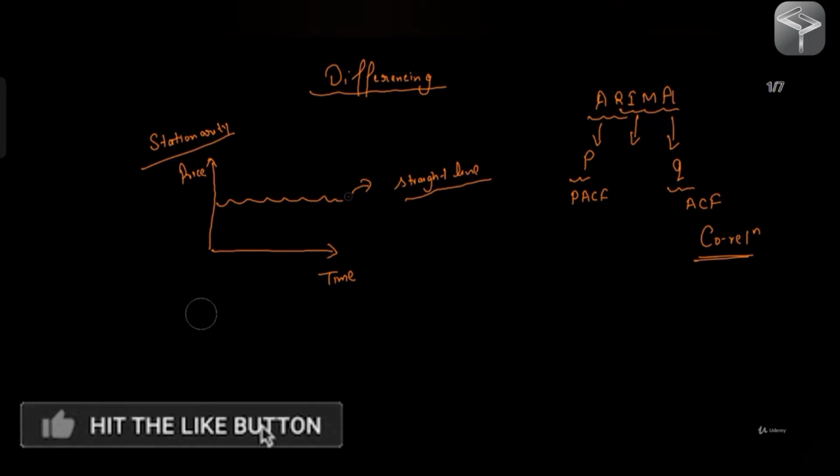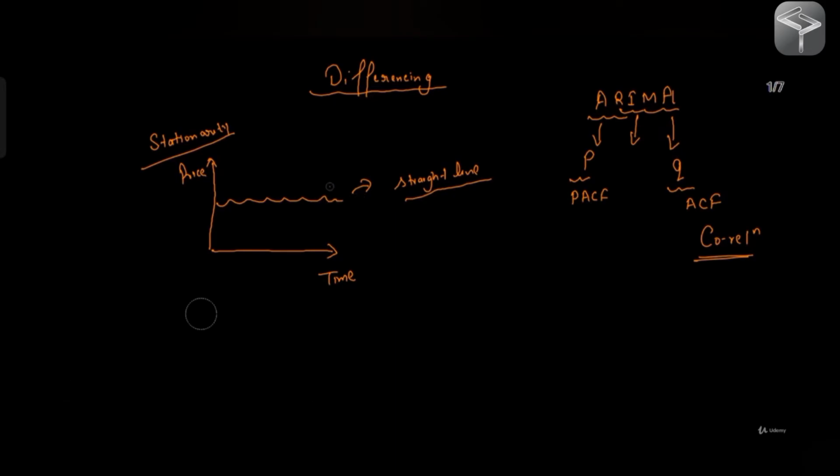So the main goal of differencing is to make whatever data you have stationary. That's the main goal of differencing in the ARIMA model. Assume you have some data: 100, 110, 120, 105, and 109.